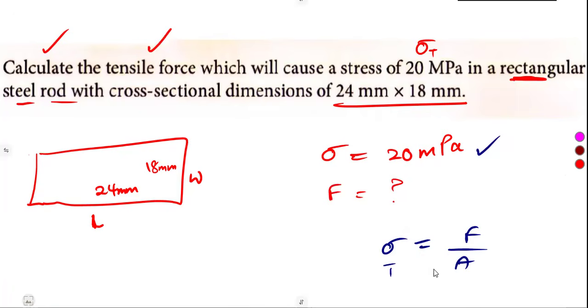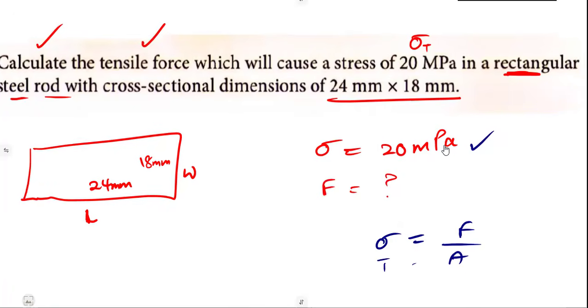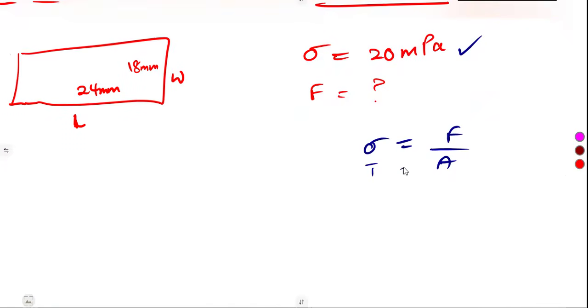So simply cross multiply, guys. If you cross multiply here, force is equal to what? We multiply. So 1 times F, that's force, is equal to these two, they multiply. So that's going to be the stress times area, where we are given the stress and area we do not have. So we are supposed to calculate the area from a rectangle: length times width.